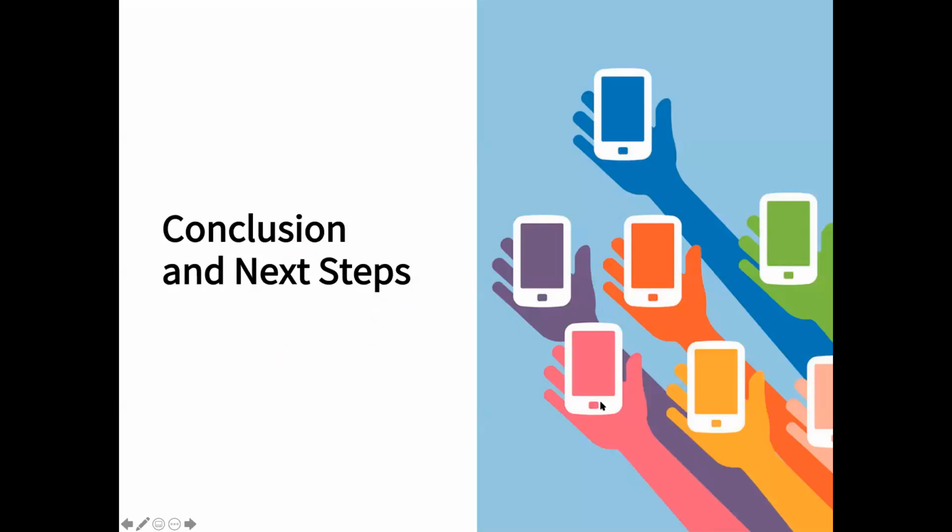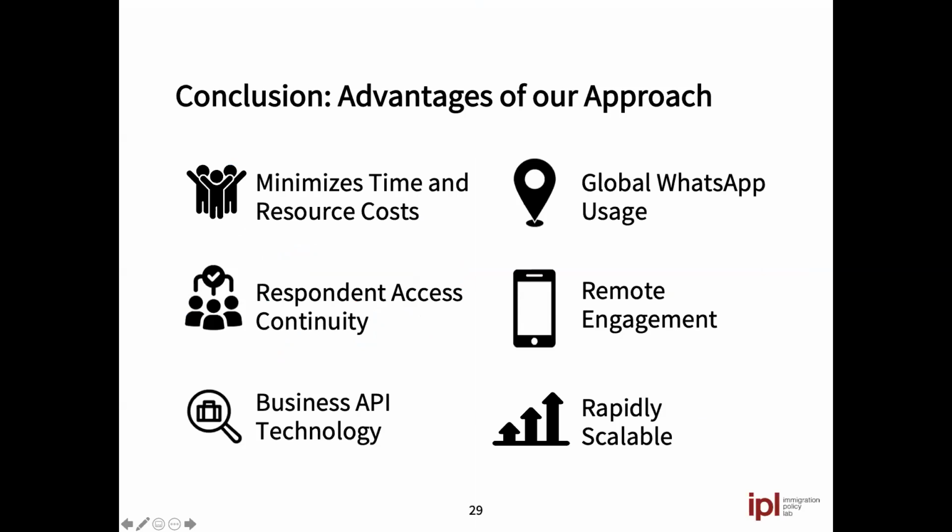I would like to wrap up here before we head into Q&A by recapping the strengths of our approach, why we're so excited about it. We think there are quite a few different benefits that we've talked about throughout the presentation. It does minimize the time and resource costs.